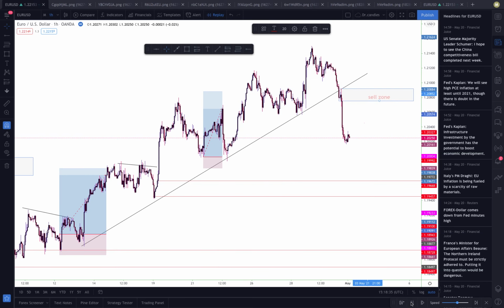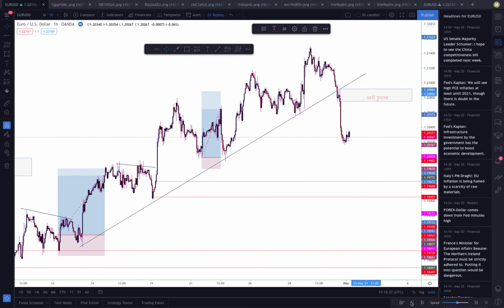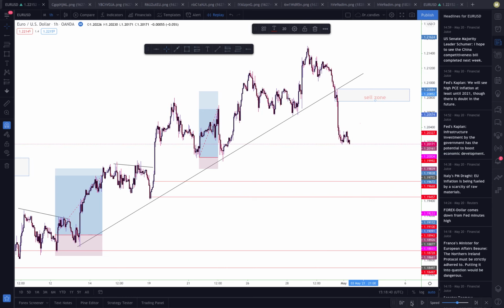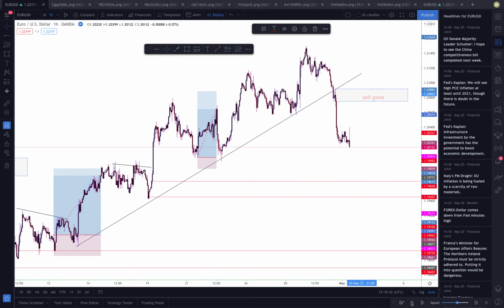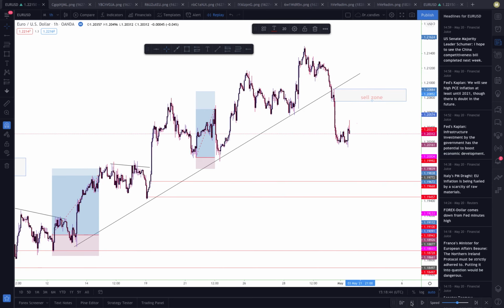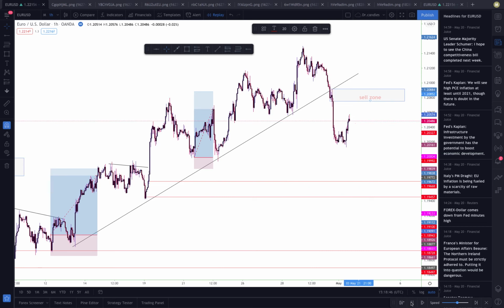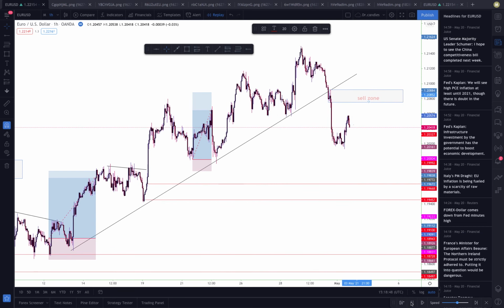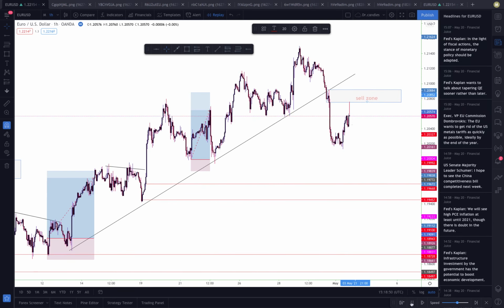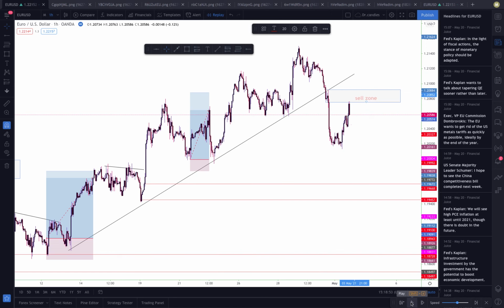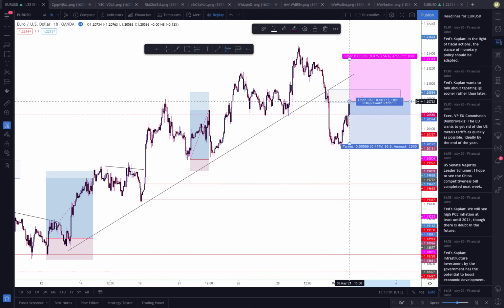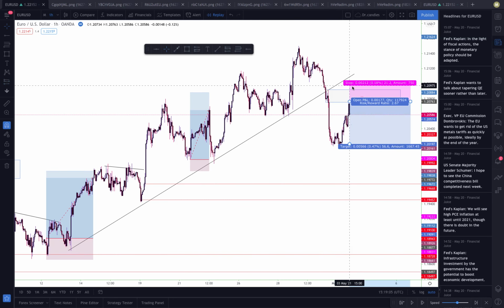So market is going up and down, trying to see if it can break through. So I think market is in the zone, right? So we can take a sell position here, a sell position at the entry of this market.